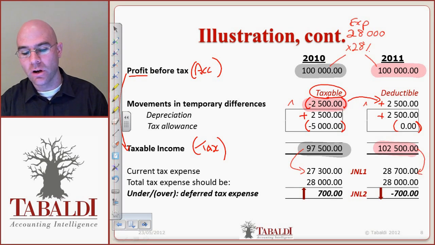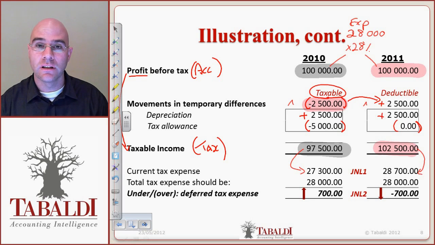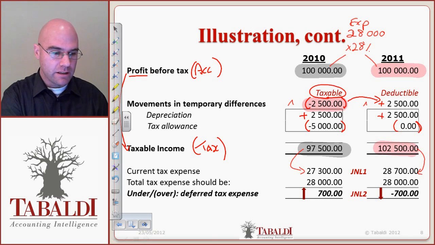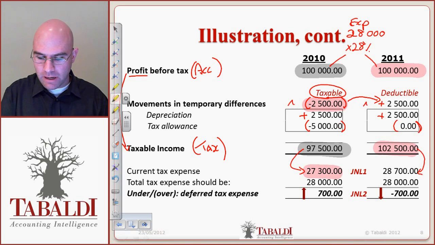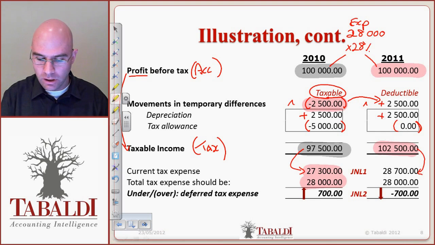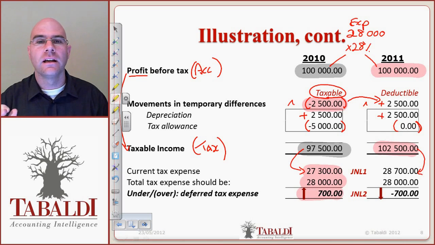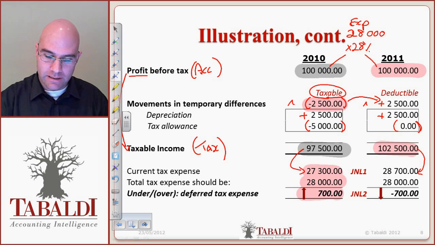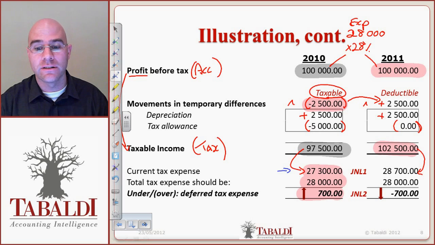Take note the tax expense overall has not changed. It's just the periods in which it differs. So if I take my 27,300, compare it to what my tax expense hypothetically should be at 28,000, tax expense is understated, for want of a better word, by 700 Rand. Remembering that the 27,300 is the tax that I will actually have to pay over to the tax authority in 2010.